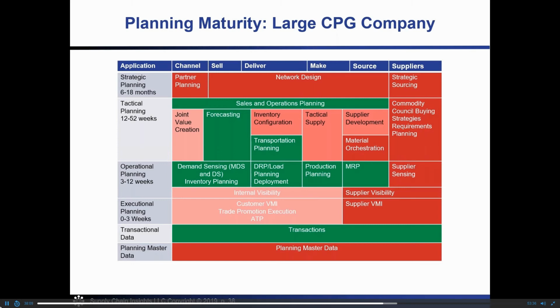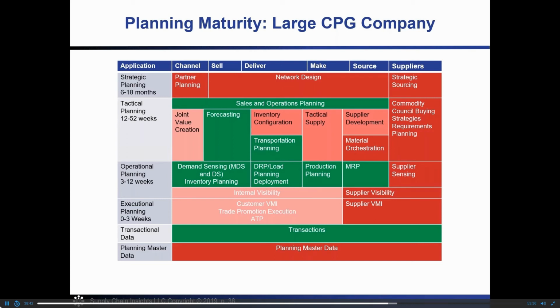At the top, you've got strategic planning, and the time horizon for strategic planning should be the planning horizon for you to make decisions on strategic purchases, manufacturing, contract manufacturing, asset strategies, new product launch. And that is usually a small group of people doing modeling around where should I have assets, what should I outsource, what country should I go in, what are the implications.